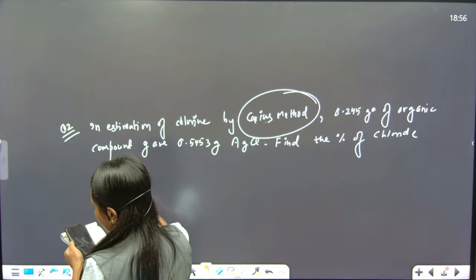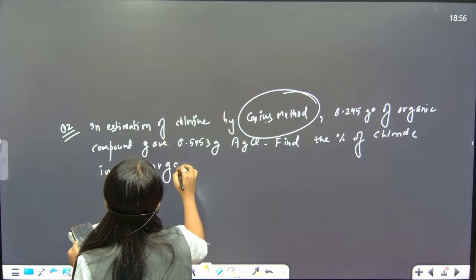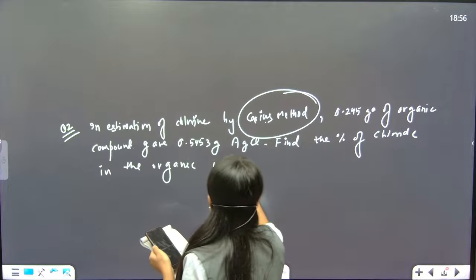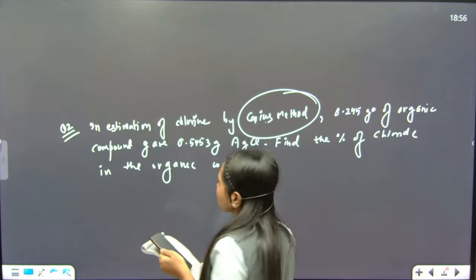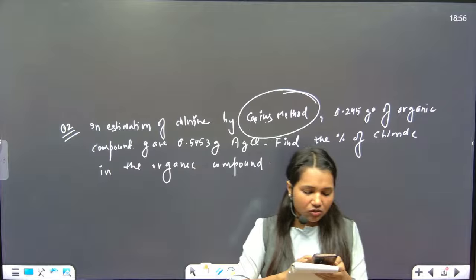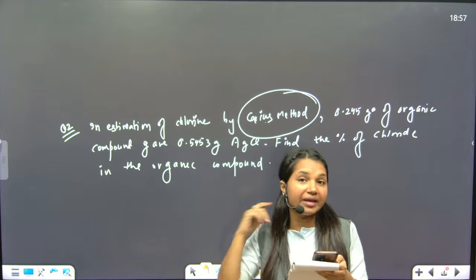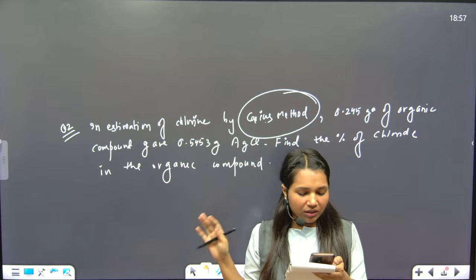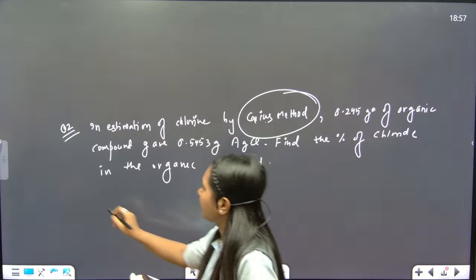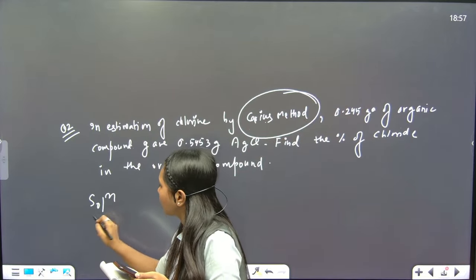So this was the question, and it is direct formula based. I have mentioned this in the class also. If they ask a question from this topic, it will be directly formula based. We do not have to go deep into the theory. So I will write the formula here.